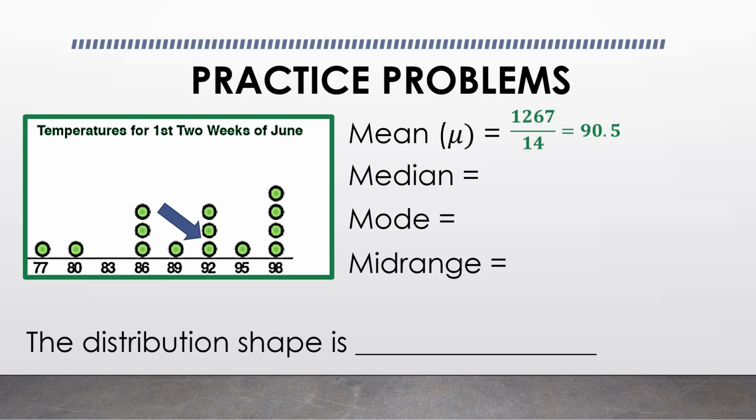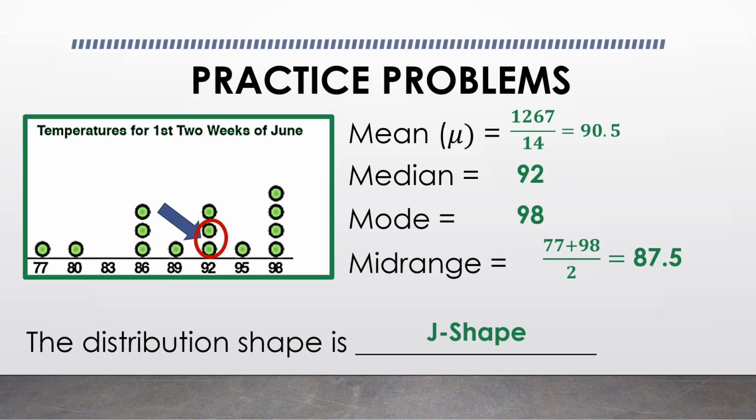Median is the middle value. It's right in between those two because they are the same. Our median is 92. The mode is the most frequent value, and there are more 98s than any other data value in our data set. Midrange is the average of the high and low.